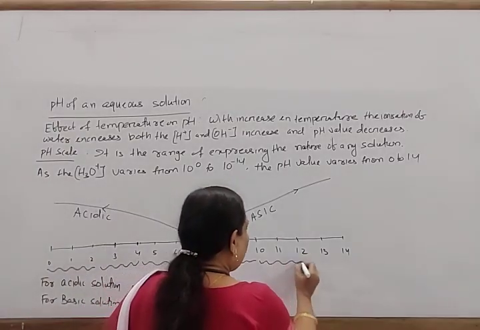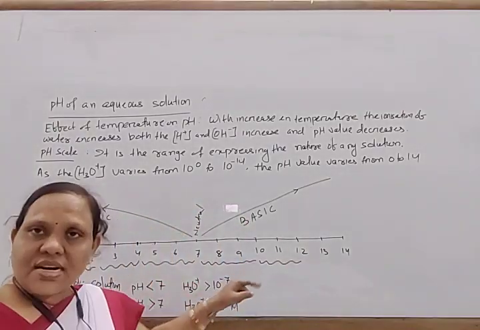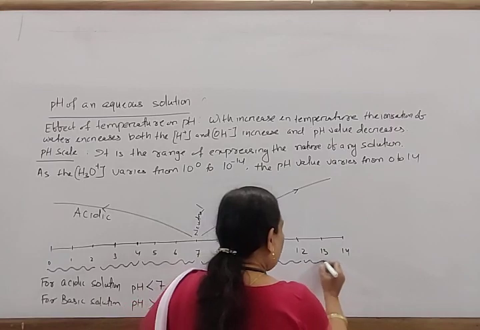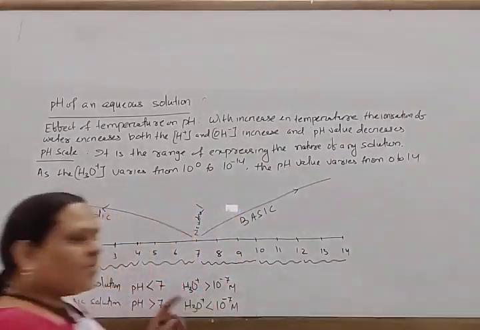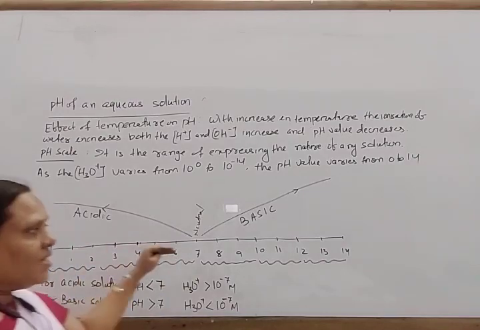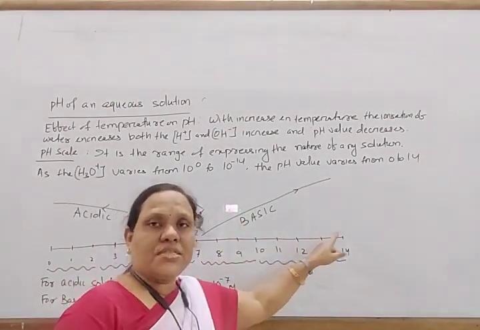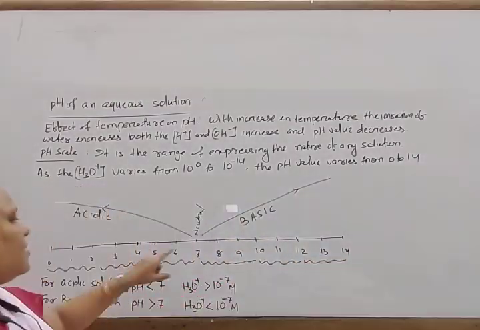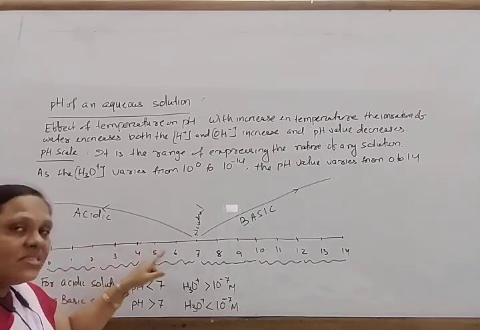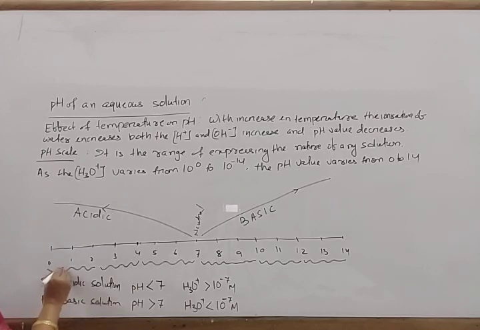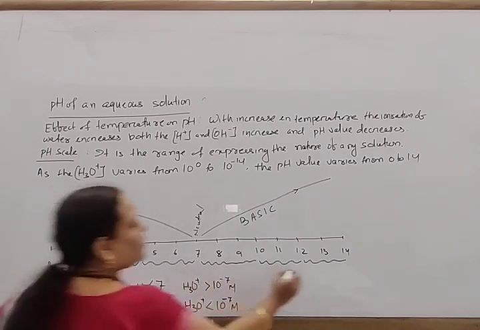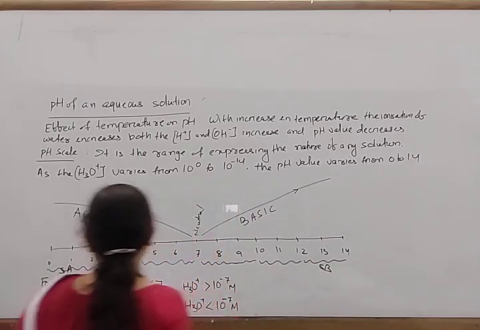Between 10 and 12, this is moderately basic, and between 12 and 14 this is strongly basic. So in this way these are classified. The basic character increases with increasing pH value, and the acidic character increases with decreasing pH value. So these are strongly acidic, and these are strongly basic in nature.